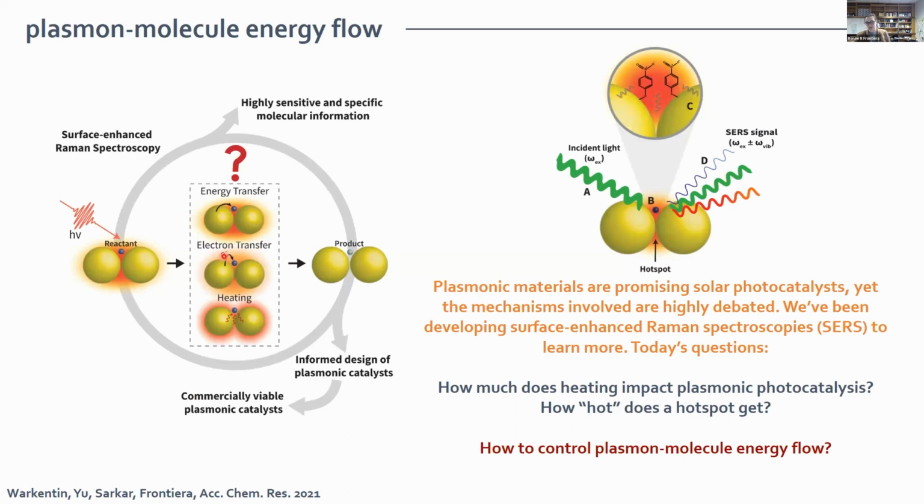We've looked at things like selective energy transfer, selective electron transfer, and also trying to understand the role of heating in some of these plasmon-driven catalytic processes. Since this is a photothermal seminar, that's what I'm going to focus on today. This is our use of surface-enhanced Raman spectroscopy, and in particular Raman thermometry, to try and understand these plasmon-molecule systems and how the energies can be flown and controlled between them.